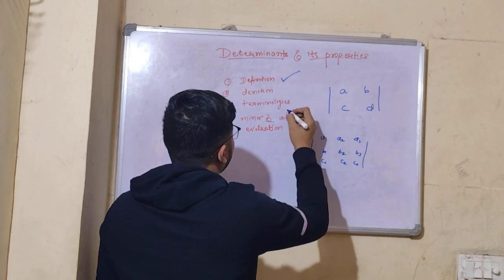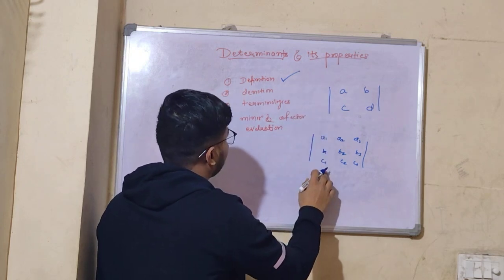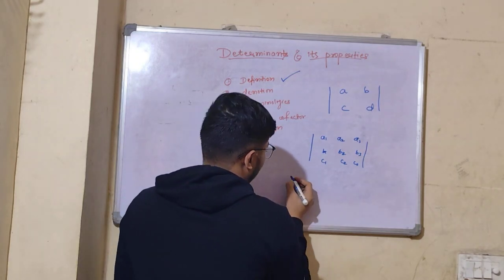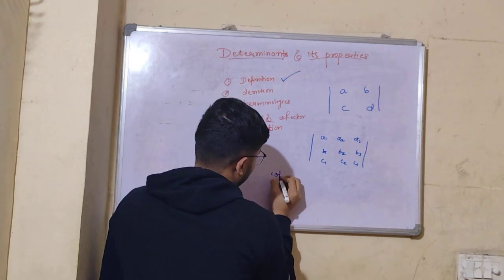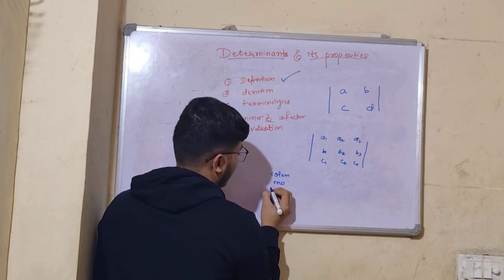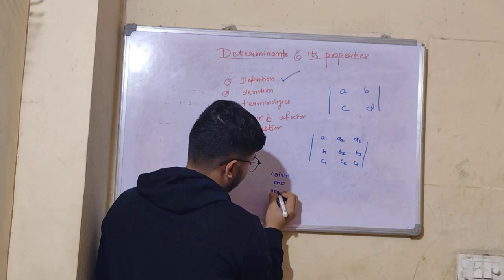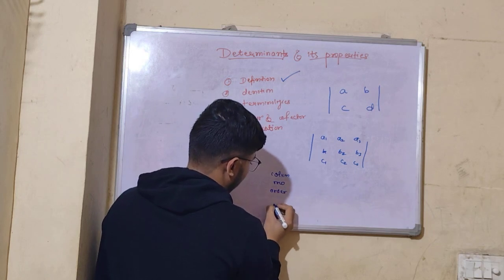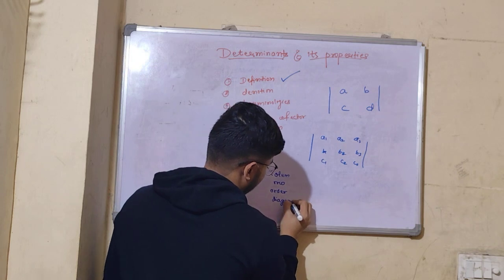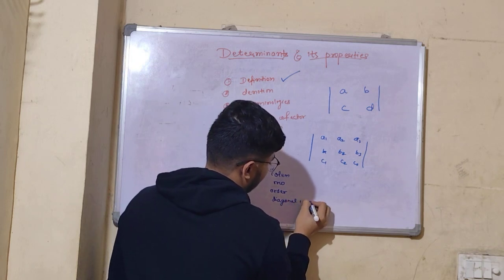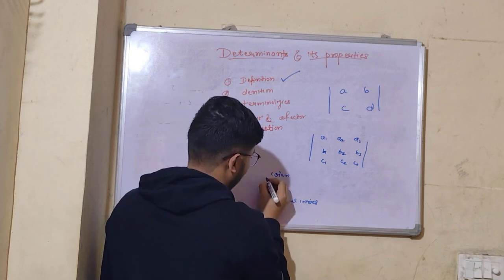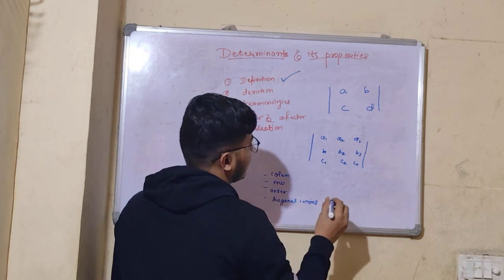Completing with the definition and the denotation, now come to some terminologies. So we have some terms including column, row, what is order, then what is diagonal entries. Here we go with.